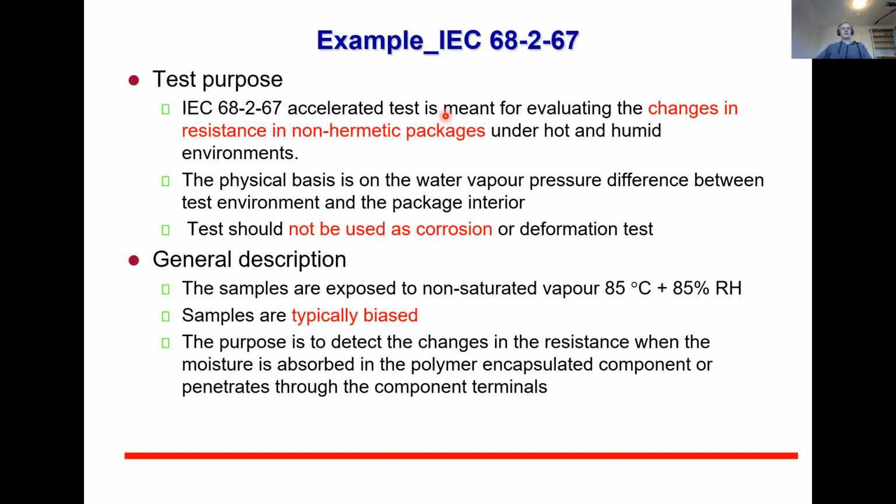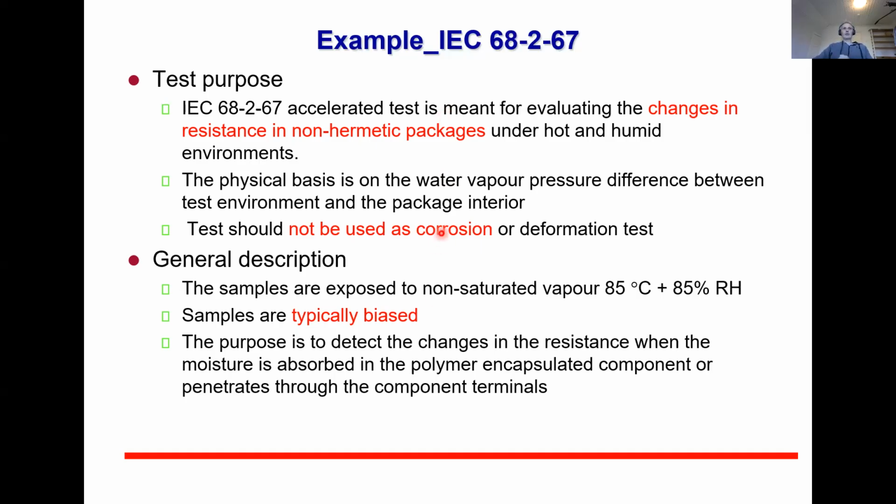Actually the standard says that this test is meant for evaluating the changes in resistance in non-hermetic packages under hot and humid environments. Meaning that you should use it for non-hermetic components like overmolded packages, PGAs, QFPs, whatever, and the effect should be changes in the resistance, not, for example, corrosion.